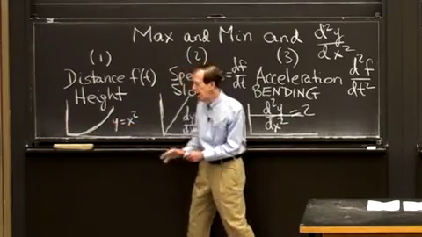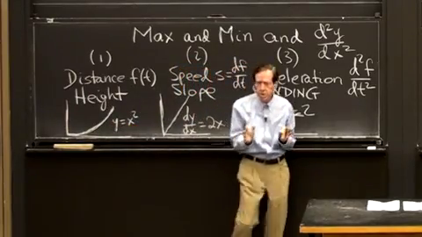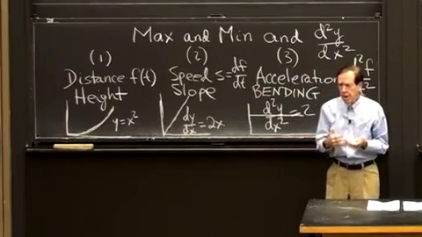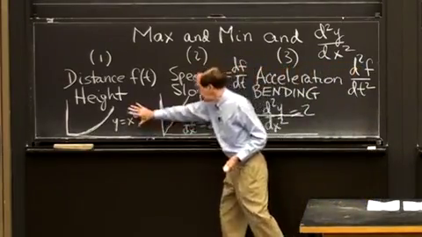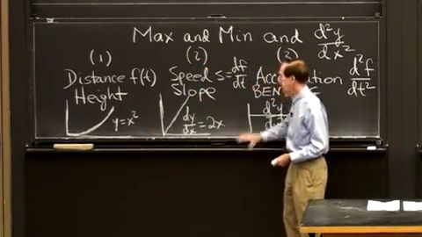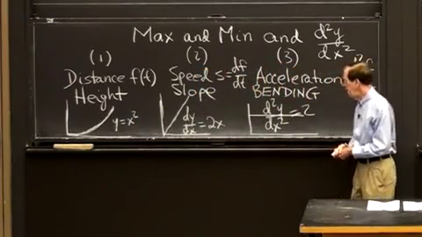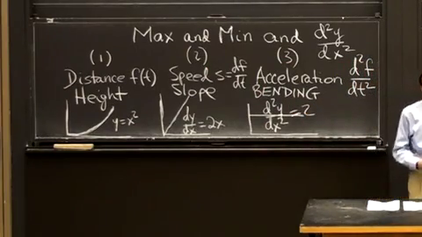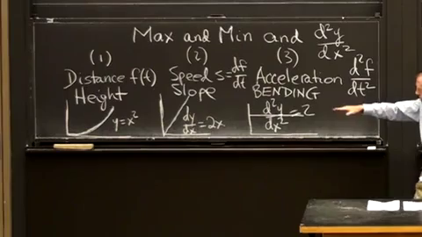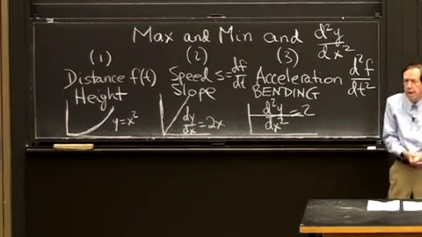So in this simple case, we connect these 3 descriptions of our function. It's positive, its slope is positive, and its second derivative, bending, is positive. And that gives us a function that goes like that.